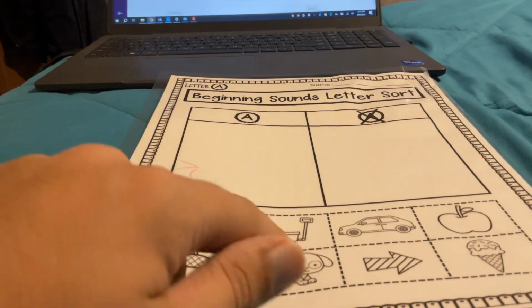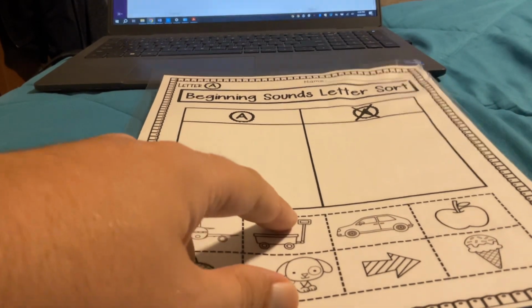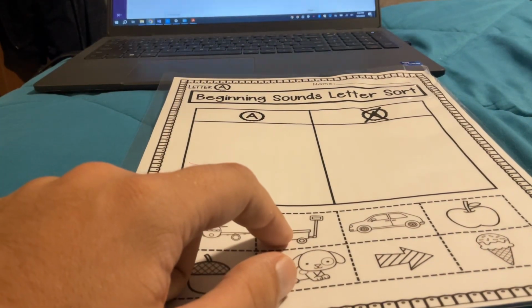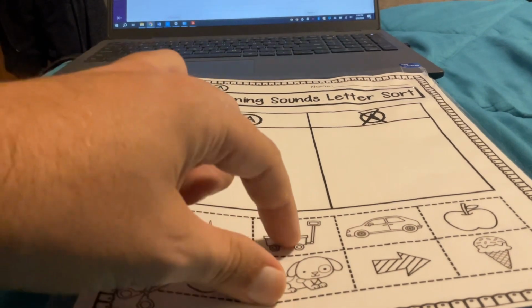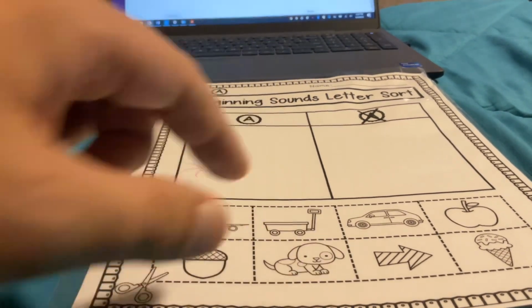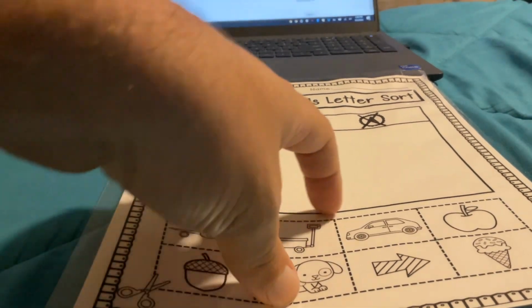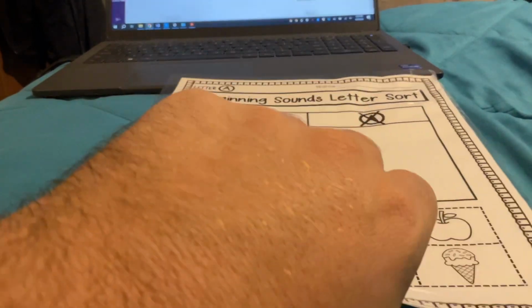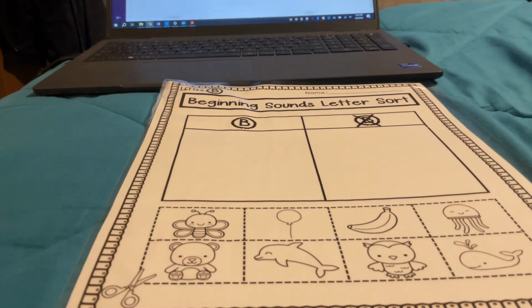Do you think this goes under your A sound or not A sound? Wagon. You hear A in there, but it doesn't start with the A. It starts with a W, W. And you continue on. And I got the B side as well.